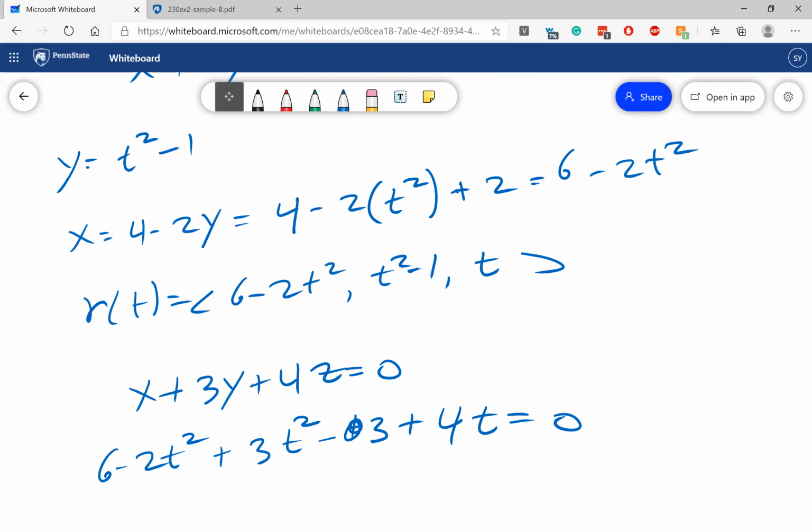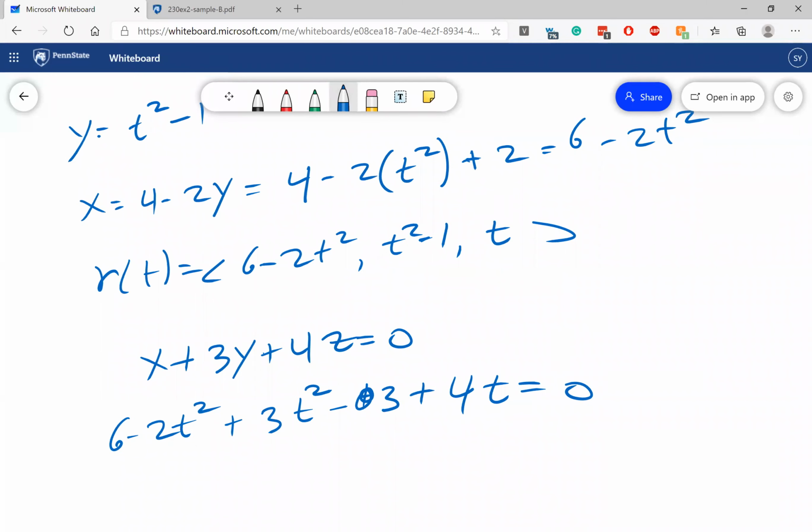Okay, so that tells us that this and that would give us t squared, and then we would get plus 4t, and then from negative that plus 3 is equal to 0.